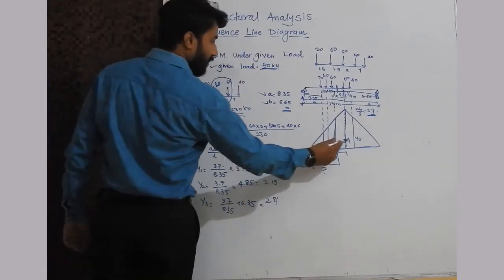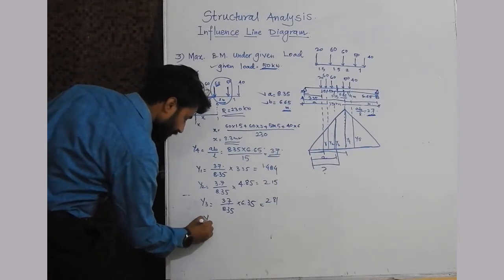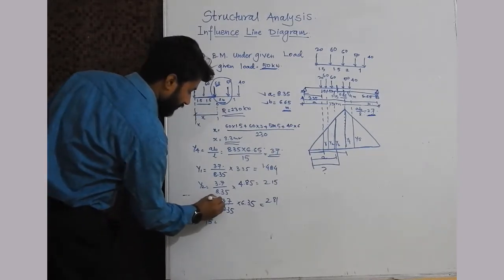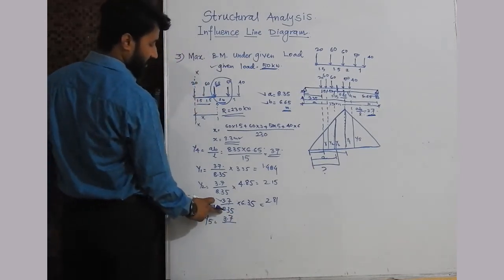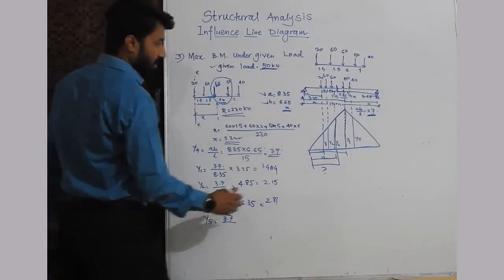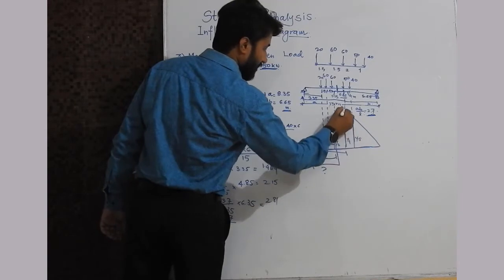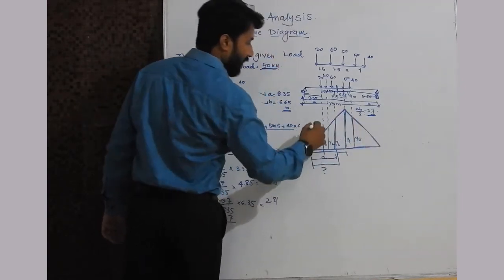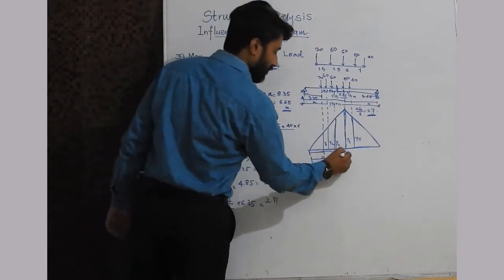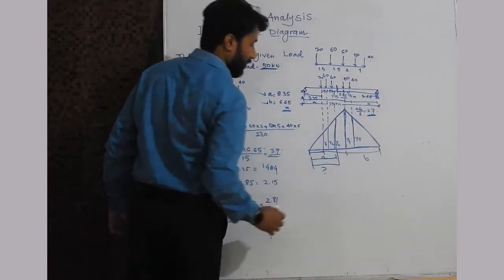Now we will calculate y5 value. So y5 is 3.7 divided by, now this 8.35 will not be considered because this y5 will be situated on the right side of the triangle. So this B portion we have to consider.